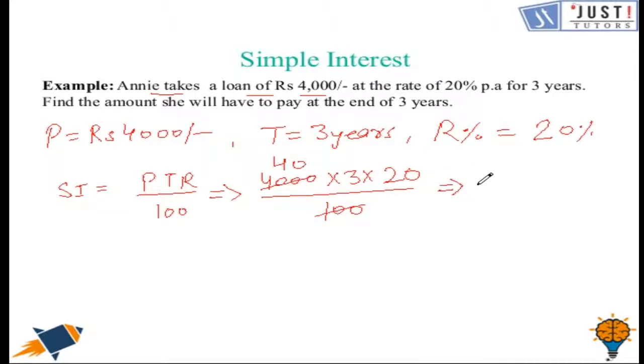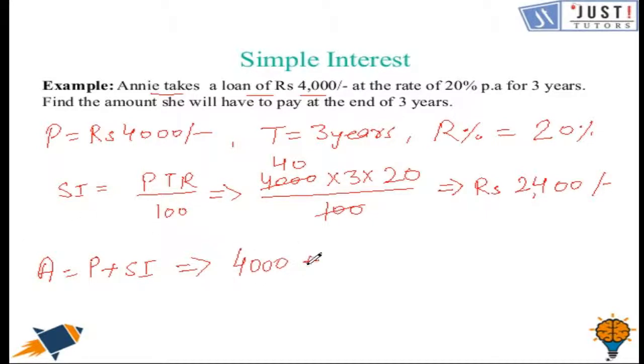We will get rupees 2,400 as simple interest, and the total amount she needs to pay is amount equals P, that is principal plus SI. Add them up. It is 4,000, the principal, plus 2,400, and we will get 6,400. So the amount you need to pay is 6,400 rupees at the end of 3 years.